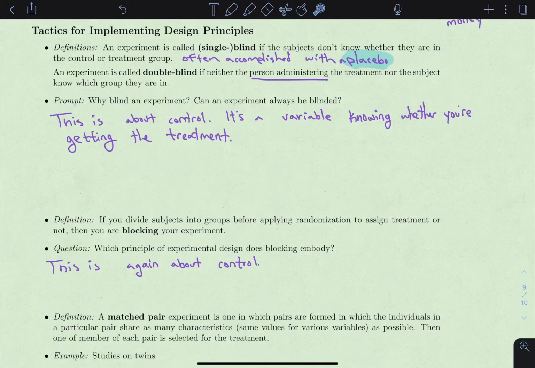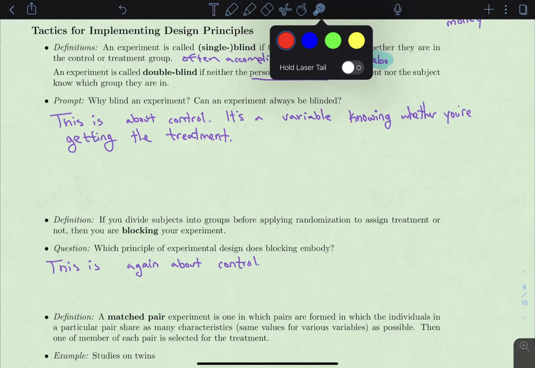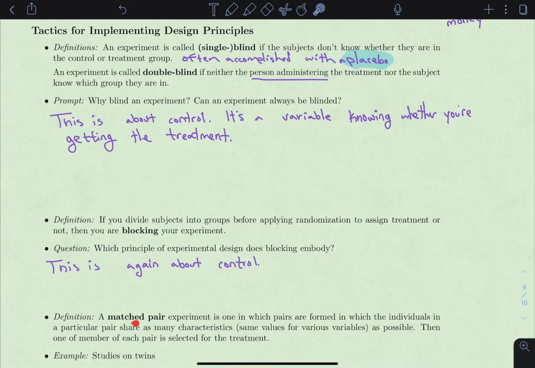All right, so back to blocking. We're trying to control things when we do this dividing into groups. And matched pairs is a special form of blocking where you assign every individual in the experimental group, or everybody in the study, to be in a pair.